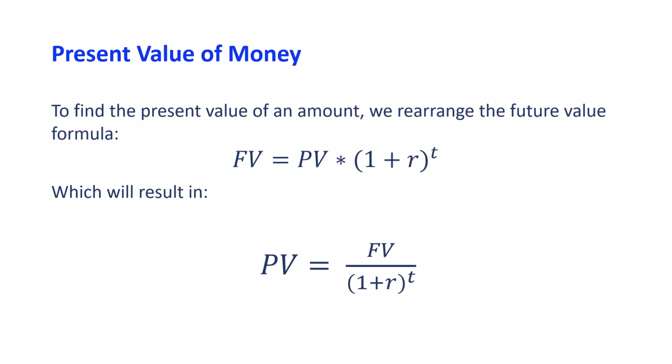In order to find the present value, we start with the original formula for the future value, the compounding formula, and we are going to rearrange it to find the present value. So in this case, you have a lump sum in the future, which is your future value, and you're going to discount it using the discount rate and for how many periods in the future you're going to receive that cash flow. So we call this the future value factor.